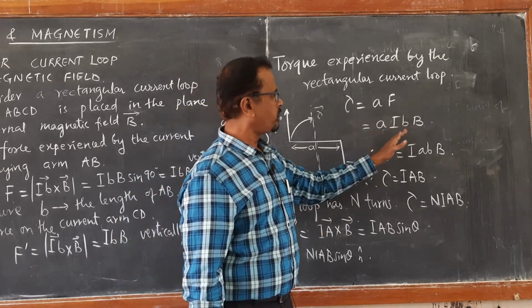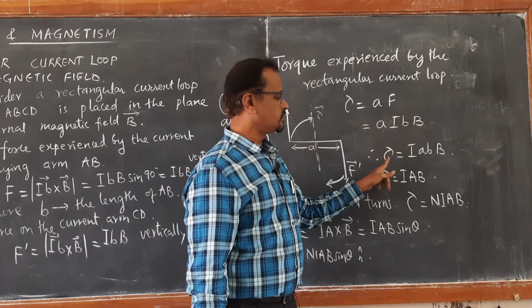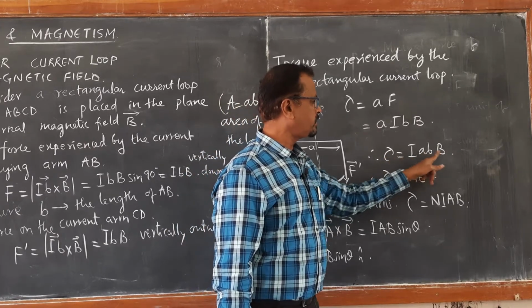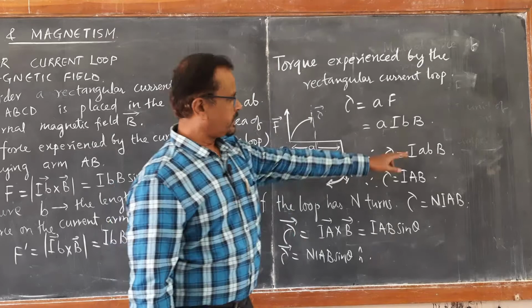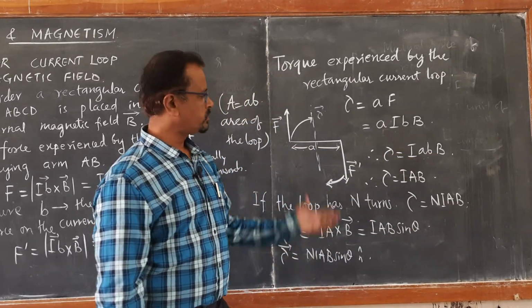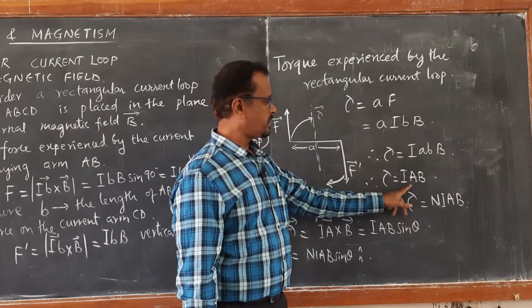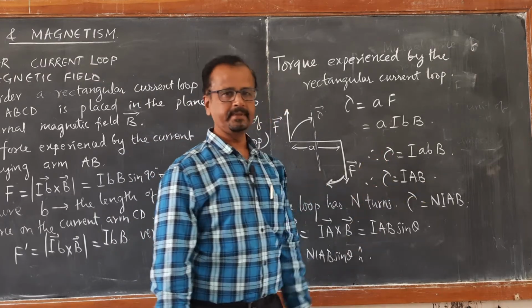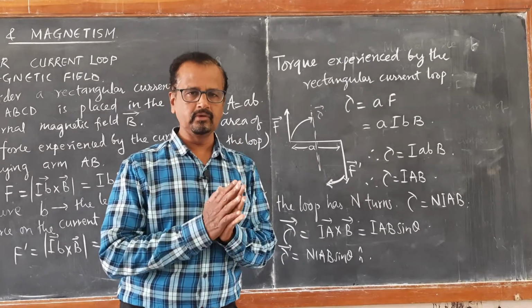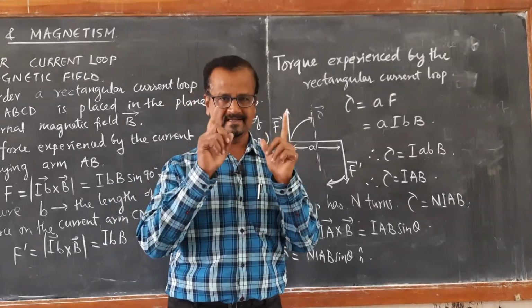So, a into IBb gives you the torque. Torque is equal to IAB, where ab is the area of the loop, capital A, into capital B. This gives us the torque experienced by a rectangular loop having a single turn.